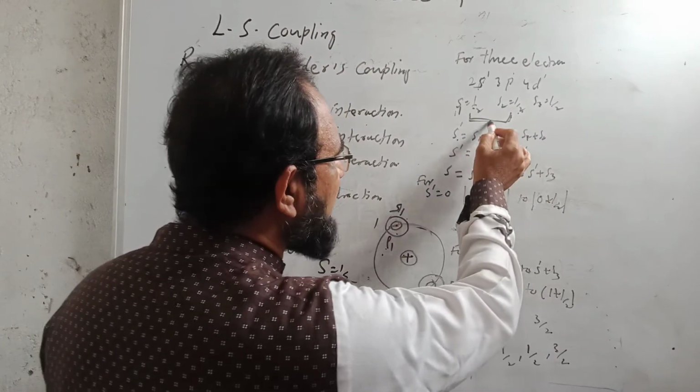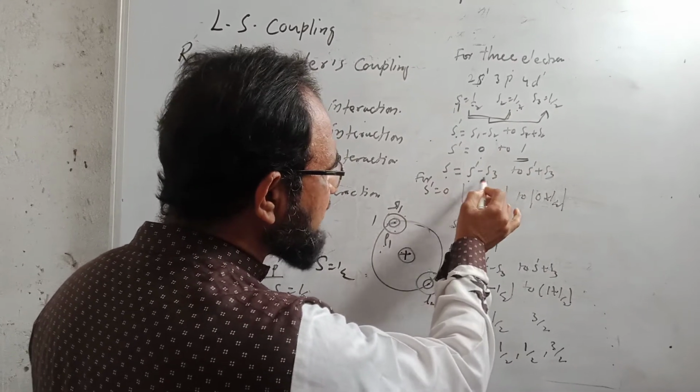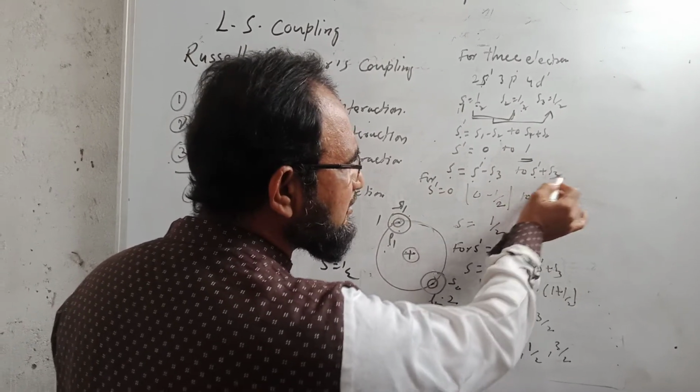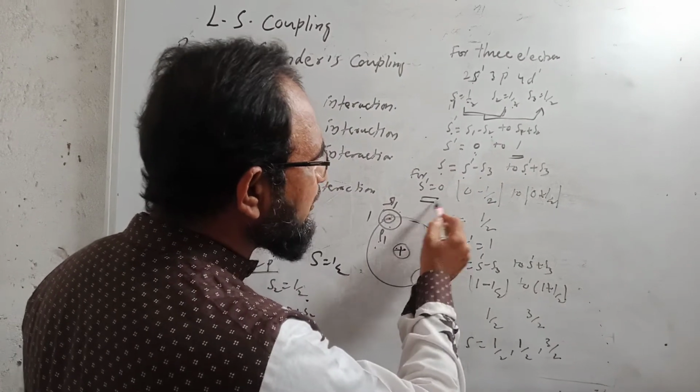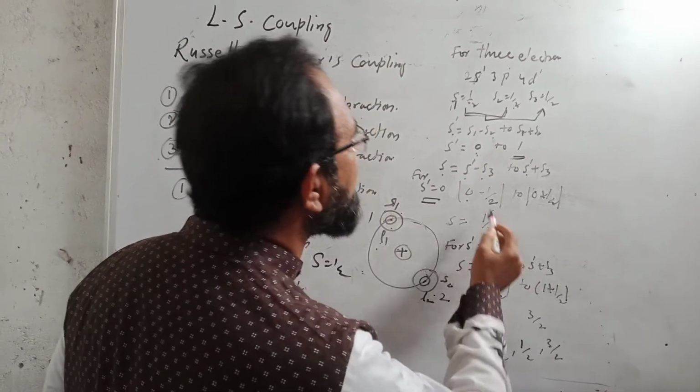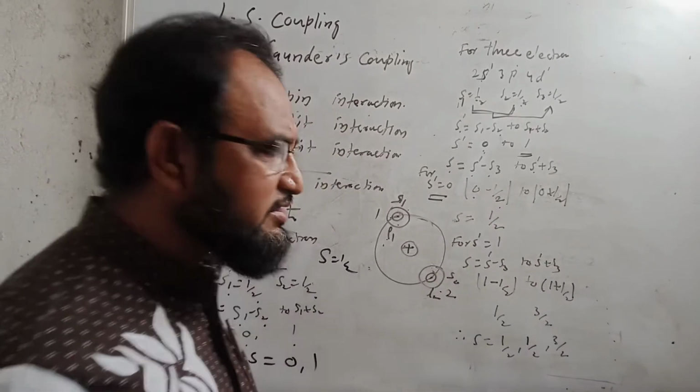Now this will combine with the third one, that is S equal to S dash minus s3 to S dash plus s3. I take first S dash equal to 0: 0 minus half to 0 plus half, we get magnitude half and half, so the value of S is half.